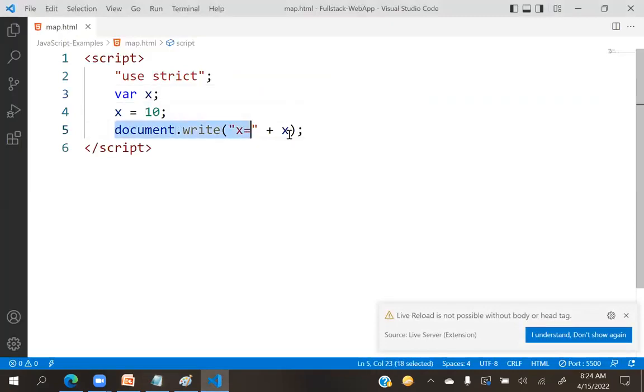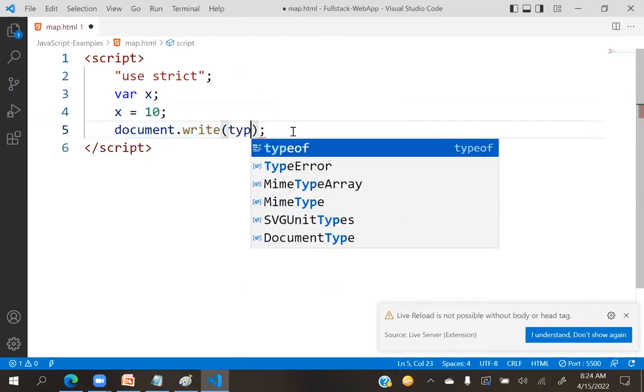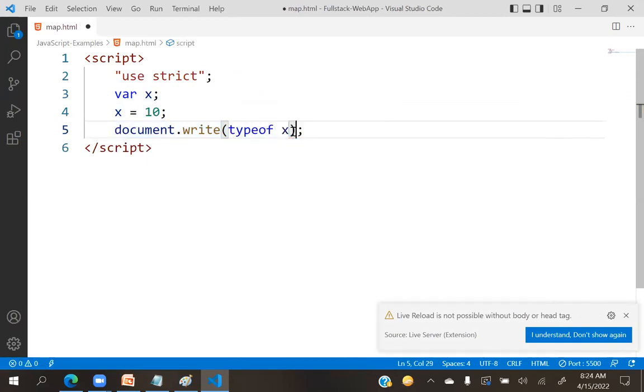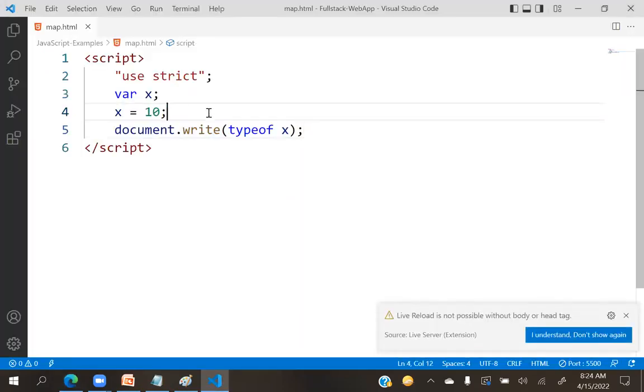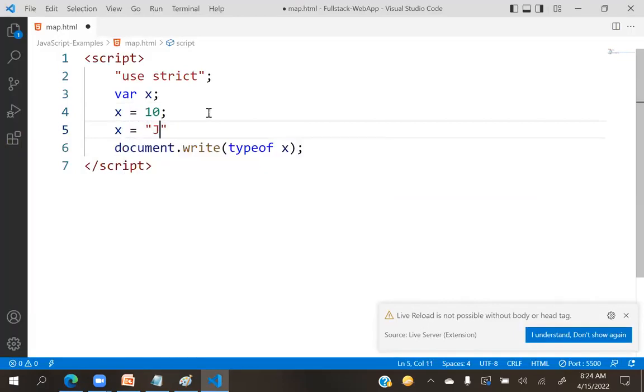For example, suppose I am writing like this: typeof x. Now it is saying that x is currently number. And into that x I am storing some string.